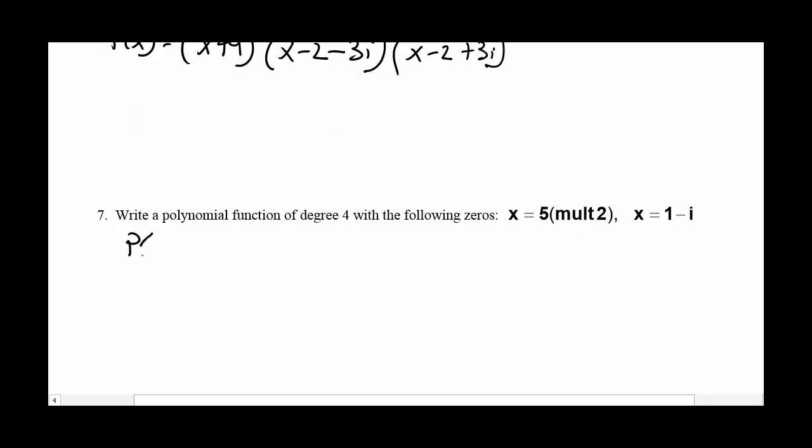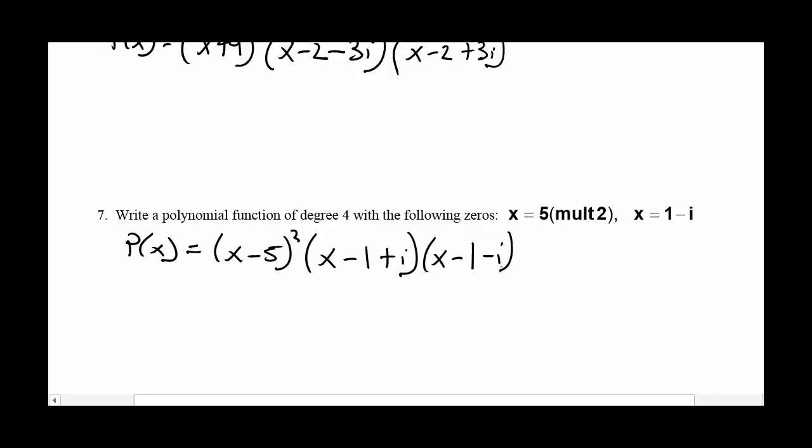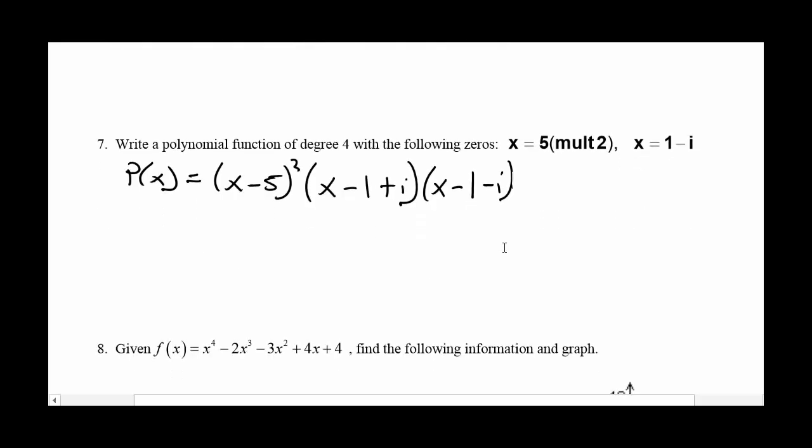So let's start by putting it in factored form first, and then see what we have. So that would be x minus 5 squared. This would be x minus 1 plus i, and its conjugate also has to be a root, so x minus 1 minus i.